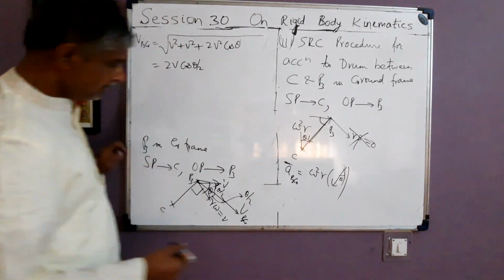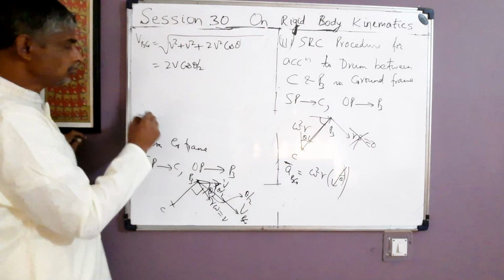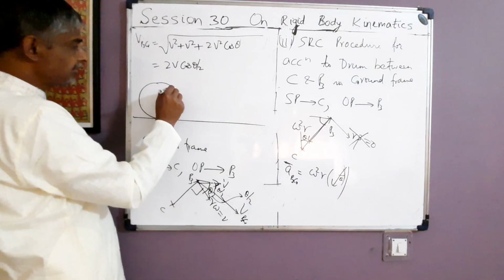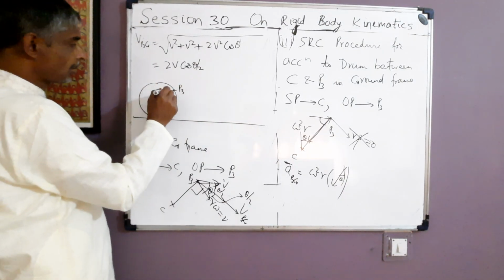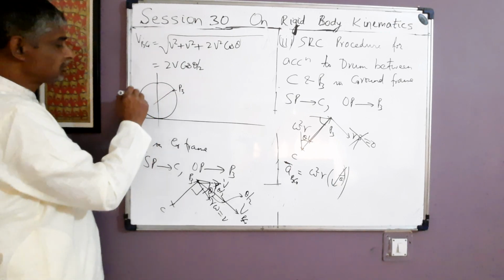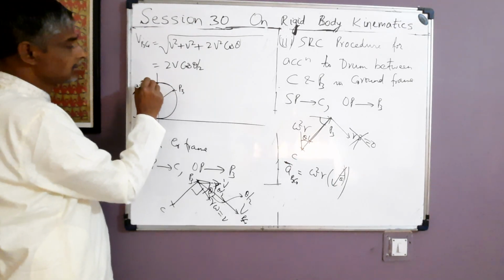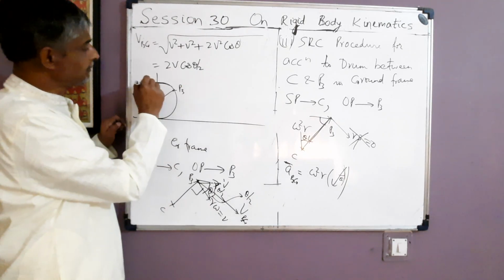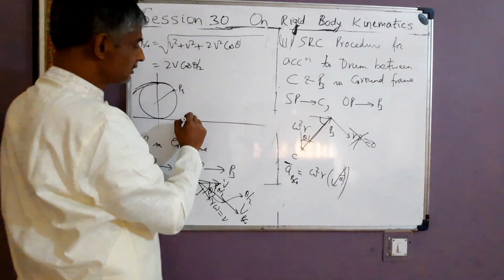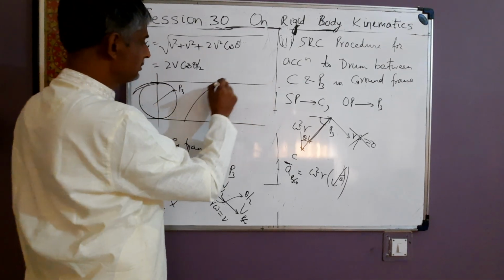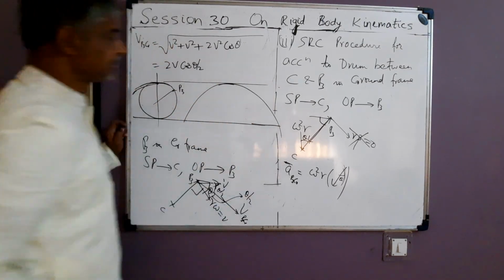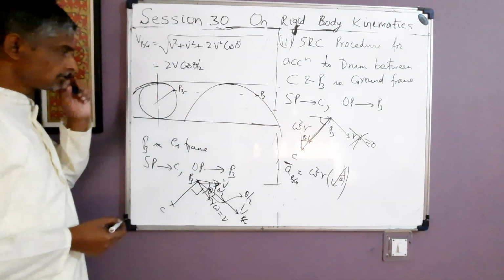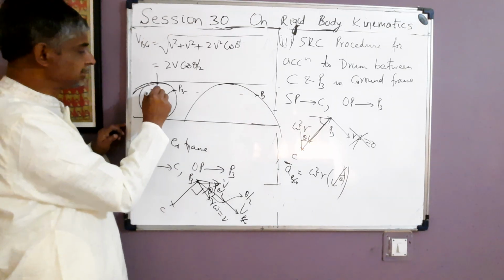Now again, I draw the approximate shape of the trajectory of P3. P3 is somewhere here. We know that P3 also moves in a cycloidal path. So if I draw a separate trajectory for P3, it is something like this. This is P3 here, and this is theta.